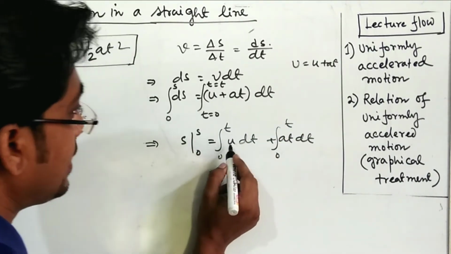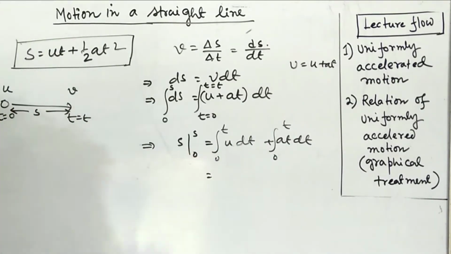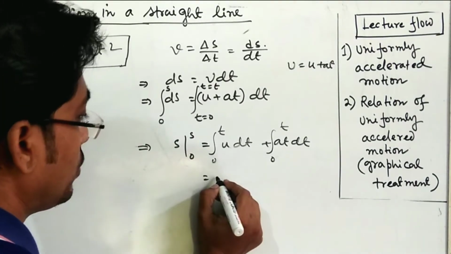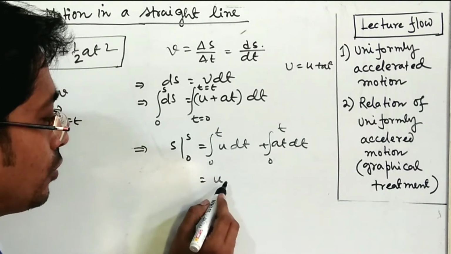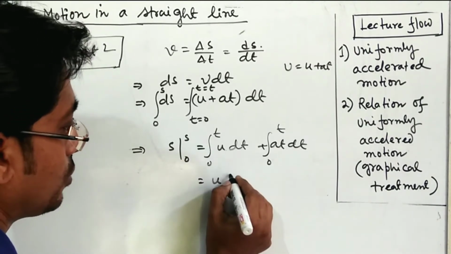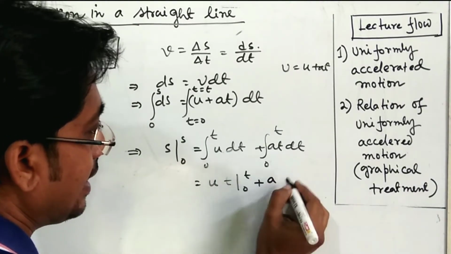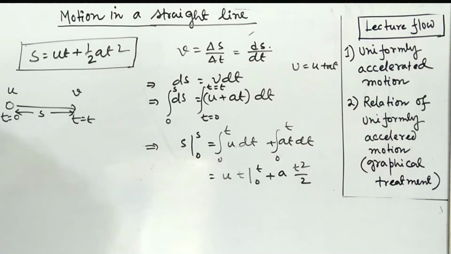So what is the integration of u? u is the constant here, because the initial velocity that we have taken is constant. So it will be u. We only integrate the dt part, so it will be t, 0 to t, plus at dt, that means t square by 2, using the integration of x to the power n, which is x to the power n plus 1 by n plus 1.